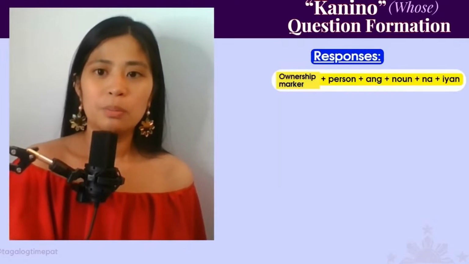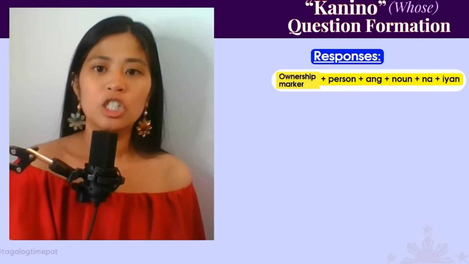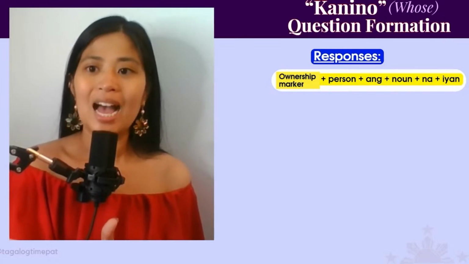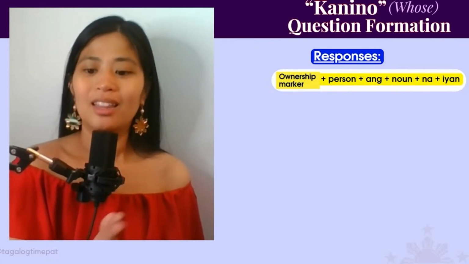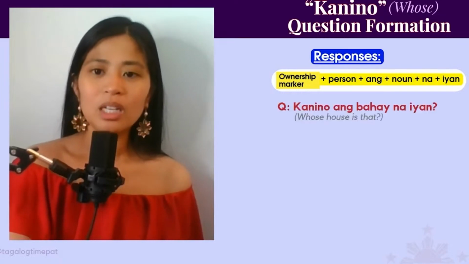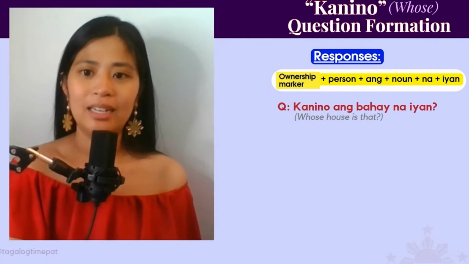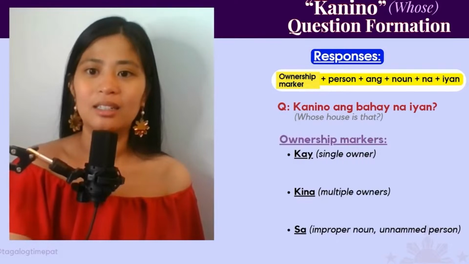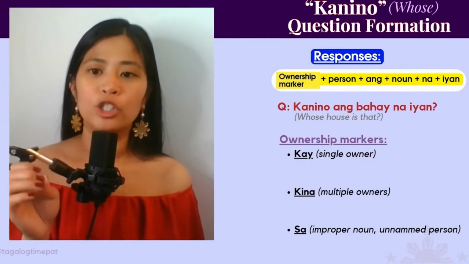So just to respond, you would use an ownership marker, then the person, then the word ang, then the noun, then na iyan. So let's see what that would look like. Kanino ang bahay na iyan? Whose house is that? Here are the different ownership markers.